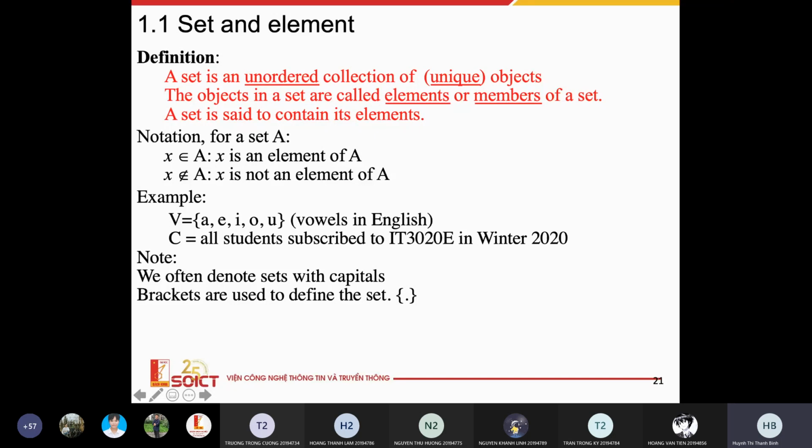And if x is not an element of set A, you can see in the second row, we can denote it like that. Normally we denote sets with capital letters, and brackets are used to define the set.